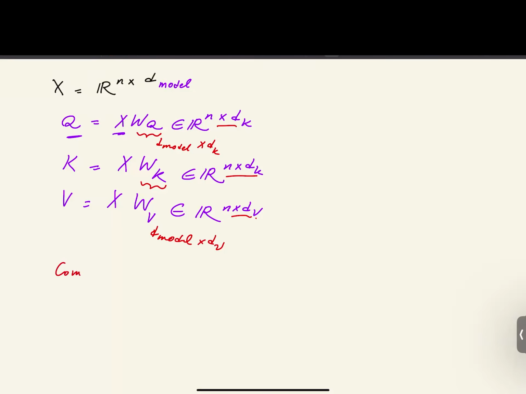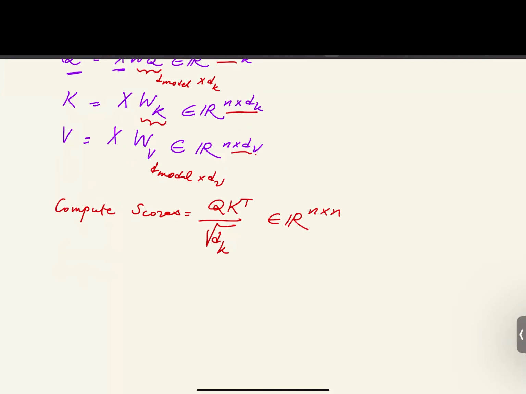And then we compute the attention scores using this scaled dot-product, which is a square matrix. And entry i, j of this matrix measures how much position i should attend to position j.